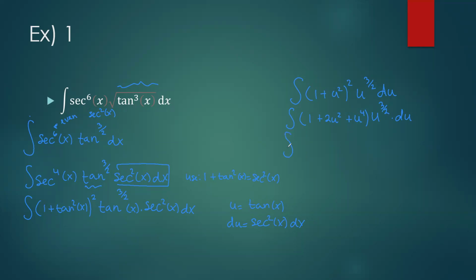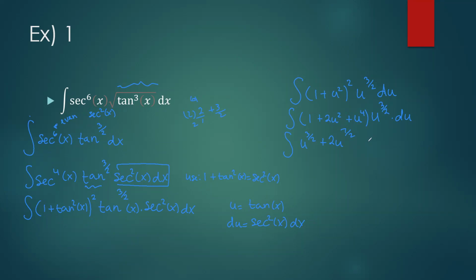So 1 times u to the 3/2 is u to the 3/2. 2u squared times u to the 3/2 is 2u to the 7/2, because when you're multiplying, you're really adding the exponents. So that's like saying 2 plus 3/2, so it's 4 plus 3 is 7. Okay, so that's how I got 7/2.